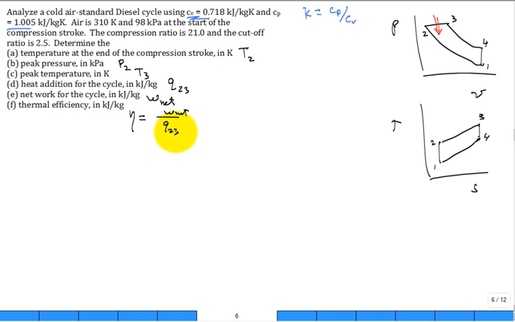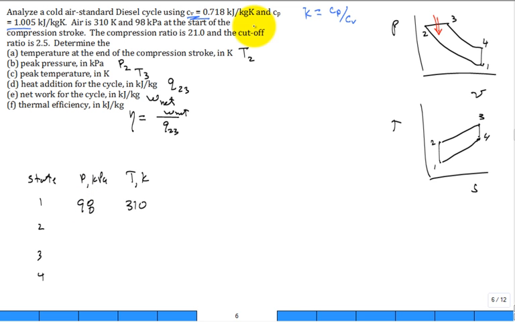I encourage you to set up a table of properties. So we'll have state 1, 2, 3, 4, the pressure at the state, the temperature at the state. You really don't need the specific volume, but you could put it in if you like. They gave us the temperature to start with, 310, and the pressure, 98 kilopascal.